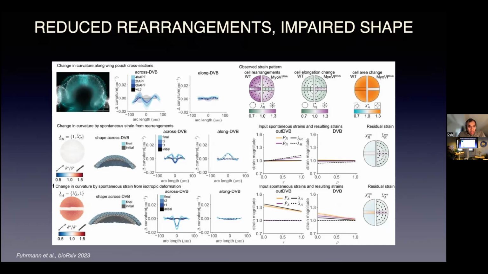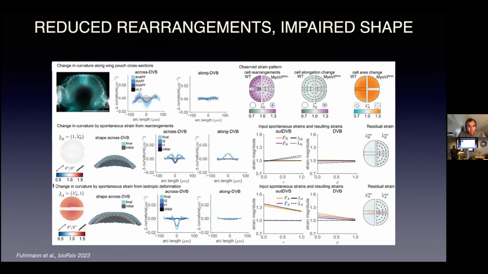So anyway, if you only put in rearrangements, then, much like in the wild type case, with rearrangements alone you already do a great job at reproducing the shape across the DV boundary, but you do less well along the DV boundary. And then you put together the ingredients with the residual strains in the same way, in order to include the spontaneous strains coming from the isotropic deformations, and then suddenly you have a great match, right?